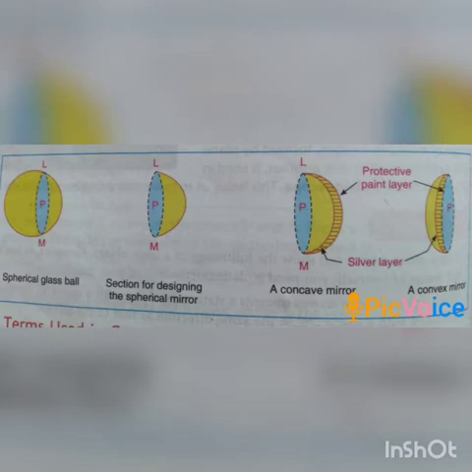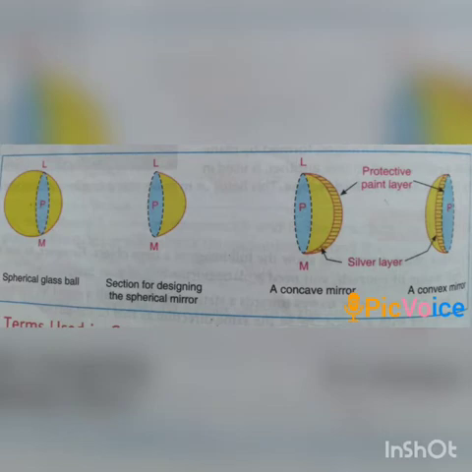That means the inner side is the reflecting surface and it is a concave mirror. When the silvering and protective paint coating is done on the inner side and the outer side is the reflecting surface, then we get a convex mirror.